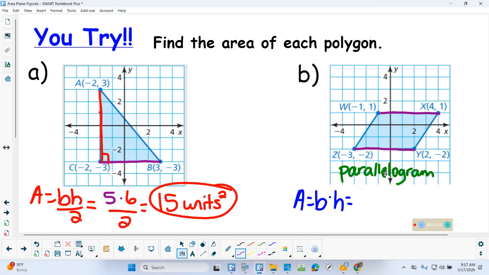The top is also 5. Remember, opposite sides congruent. Now height again is that perpendicular segment. So there's a height. I mean, all of these would work. They're all the same. I'm getting carried away now. You can just straight count the height of those red segments are 3. So we're going to have 15 units squared for a final answer.